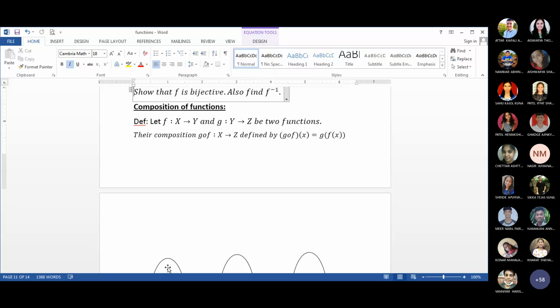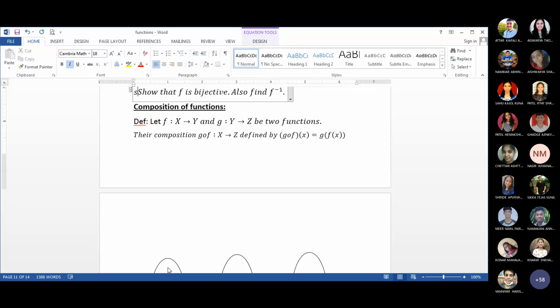Again I repeat, f is a function from x to y, g is a function from y to z. So the composition g composed with f is a function from x to z. Now यहाँ पे there is one important condition for the composition to exist.